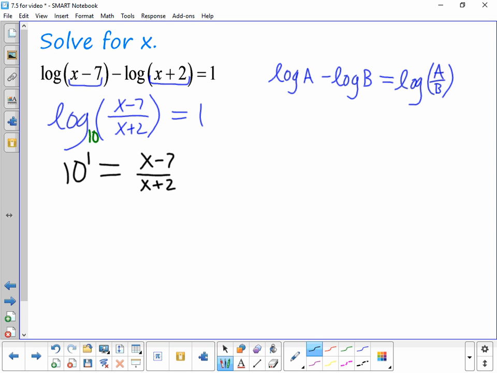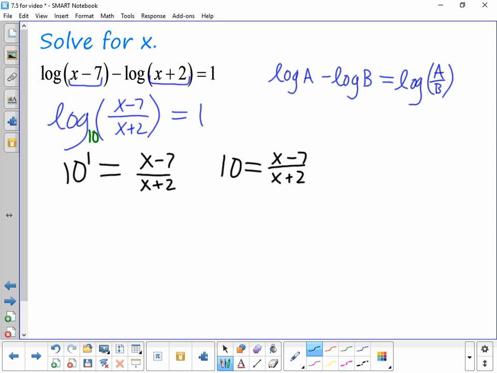Well, 10 to the power 1 is just 10. Anything that is raised to the power 1 is just itself. So we could rewrite this as 10 equals x minus 7 over x plus 2. And our ultimate goal here is to solve the equation for x.